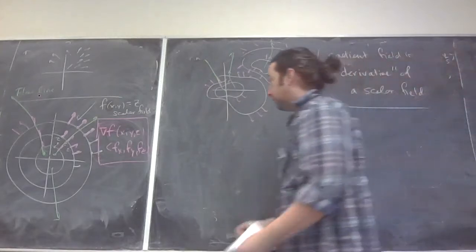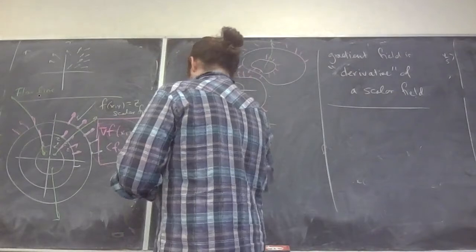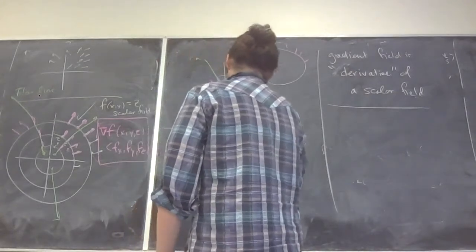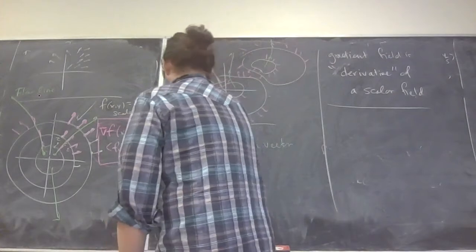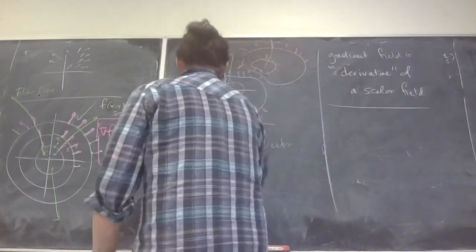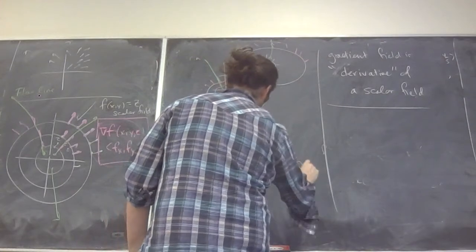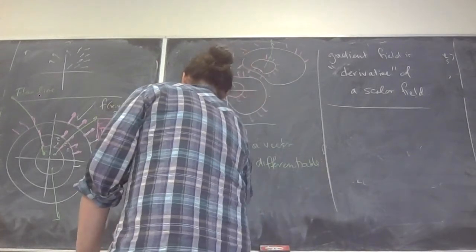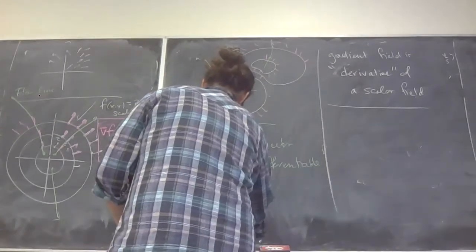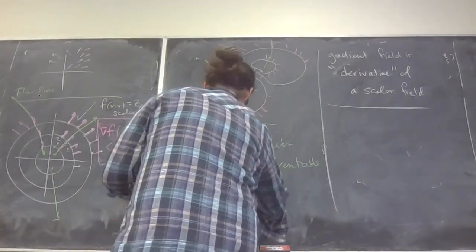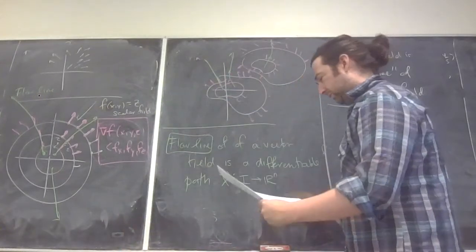So the definition of a flow line of the vector field is a differentiable path x from some interval into, say, Rn here, but really you're only ever using R2 and R3.